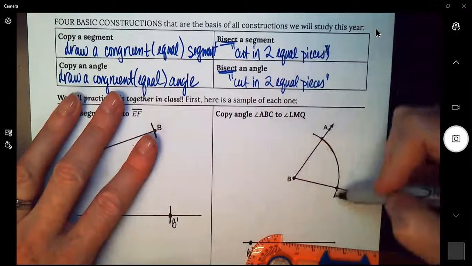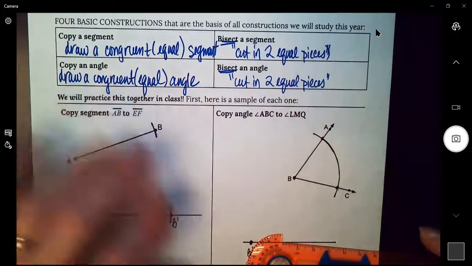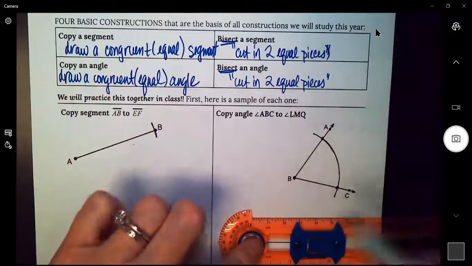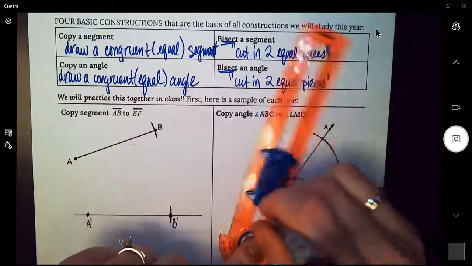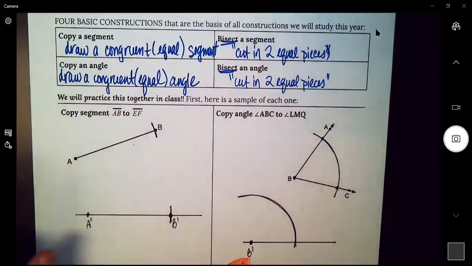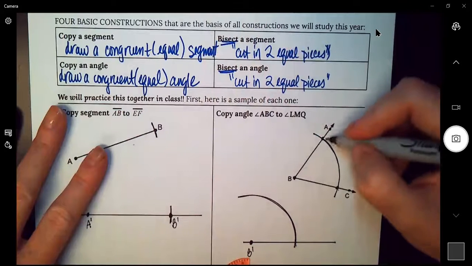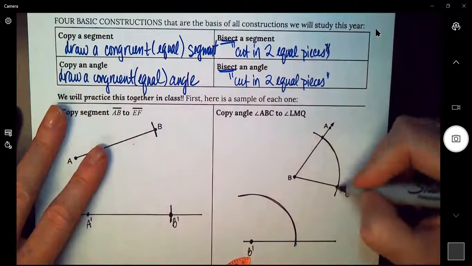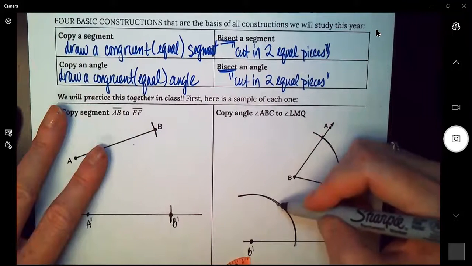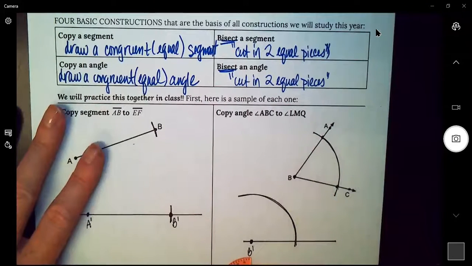I'm going to draw exactly that same size arc where I have my space to put my new angle. And when in doubt, draw a bigger arc than you think you need. And then all we need to do is mark off this distance. How far did we have to go to open up that angle? And we're going to mark that on this one. So again, we're going to go back to using the compass.